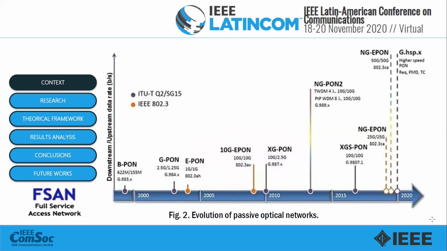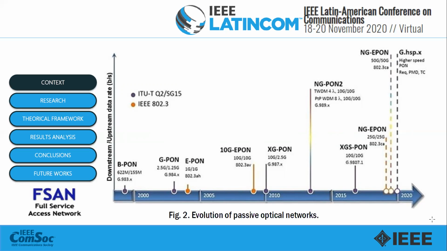In figure 2, you can see the evolution of passive optical networks through the years, starting before the year 2000 with BPON, going along until the year 2005 with the GPON and EPON standards, then in 2010 we have 10G-EPON and XG-PON, and recently the standard NG-PON2.